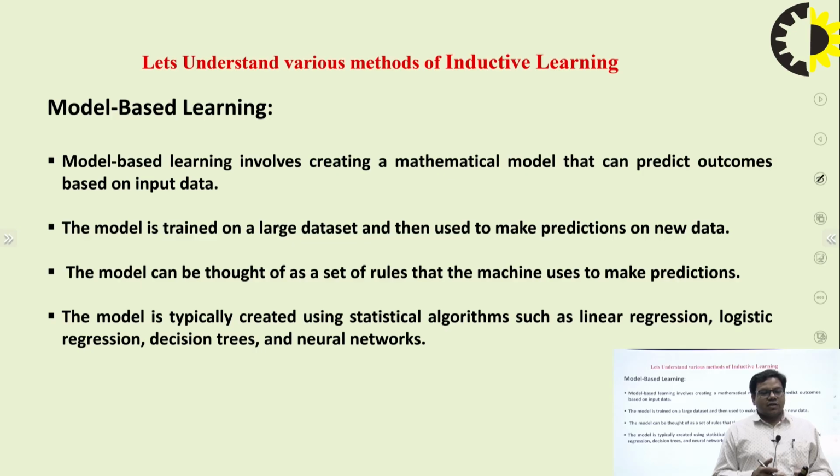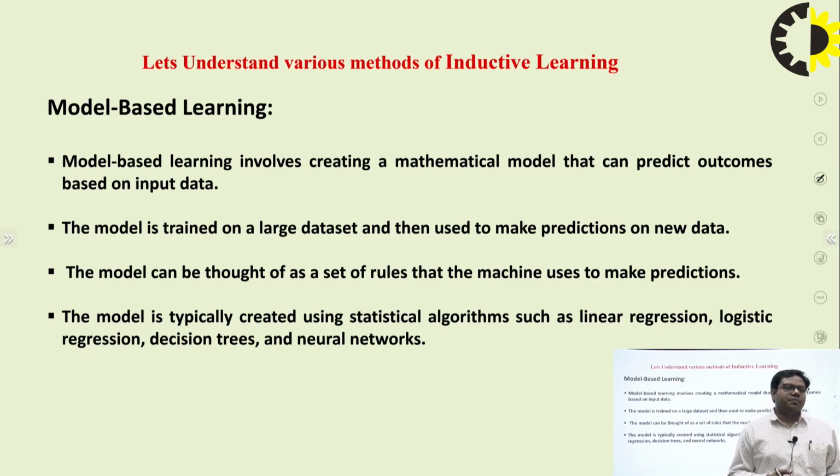Model based learning works on the principle that whenever we get the training data, the past experience data, we make a learned model. Before starting the prediction, we prepare a model based on the past experience data, which is trained completely on the data we supply to the system.